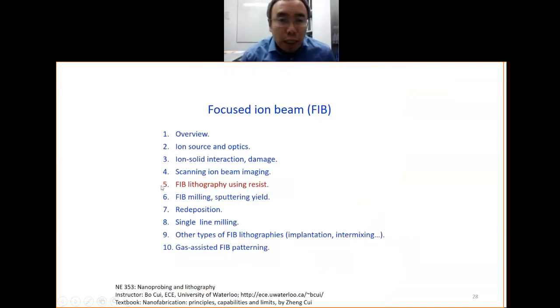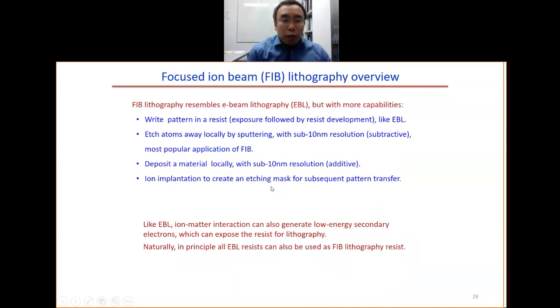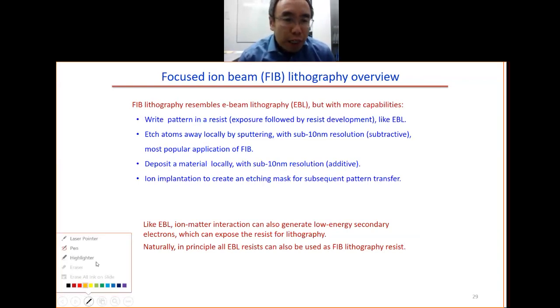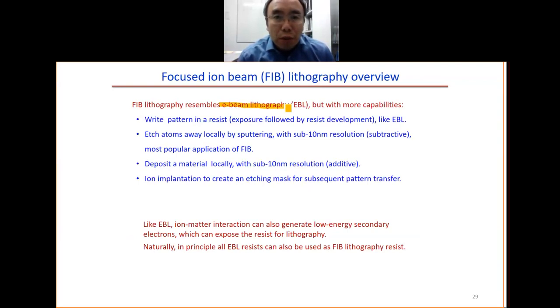So now let's look at lithography. Lithography using ion beam. The ion beam can do more than electron beam. For the case of electron beam, the only thing we can do is the exposure of the resist. We just do the E-beam lithography to do the exposure of the resist. For the ion beam, we can do the same thing. We can write the pattern in the resist, similar to electron beam lithography, because the ions can also generate secondary electrons.